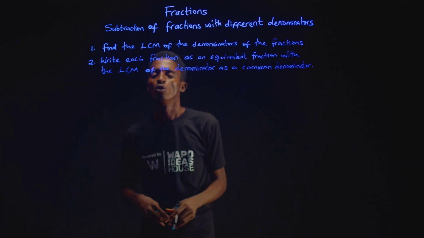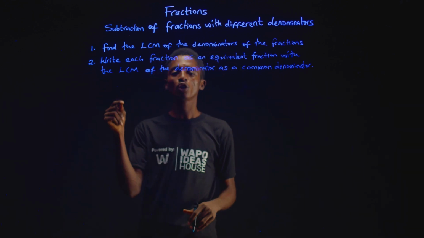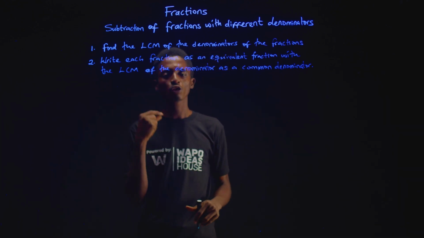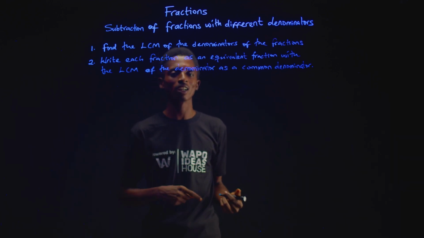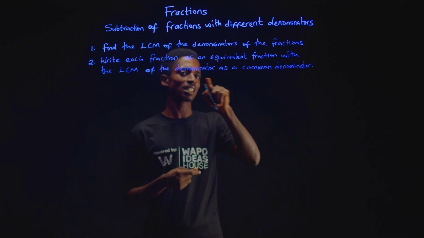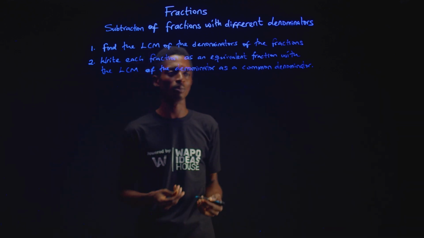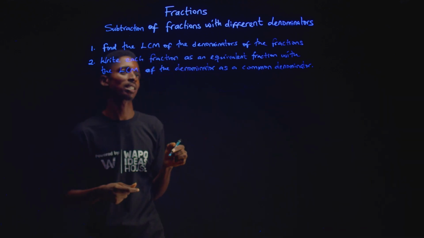So that is, you find the equivalent of each of the fractions and ensure that the denominator of the equivalent fraction is common. That is, it is the LCM of the denominators of those fractions you are subtracting.